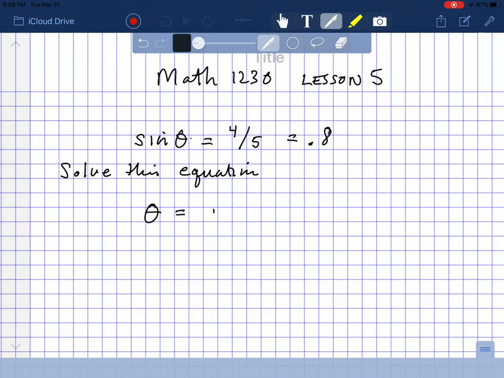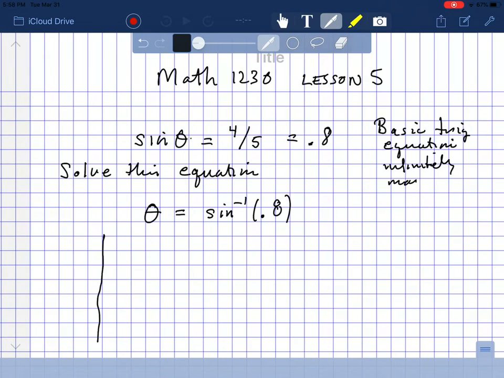Function, so that tells me that theta is equal to the inverse sine of 0.8. But let's think about this a little bit. First of all, we know these basic trig equations have infinitely many solutions, and I want them all.